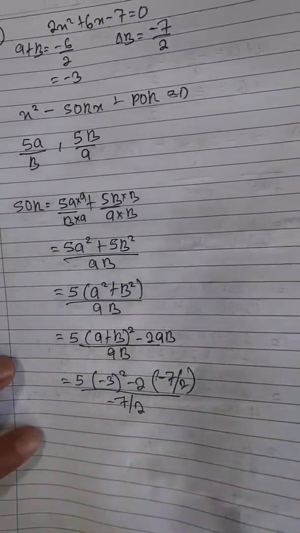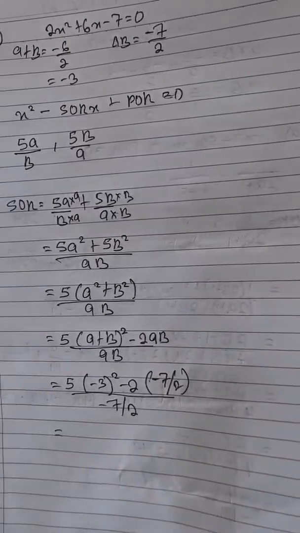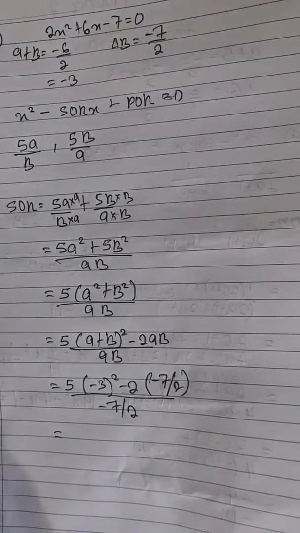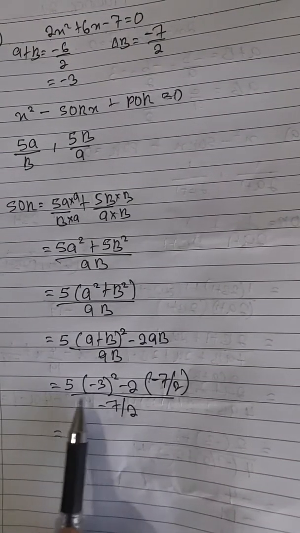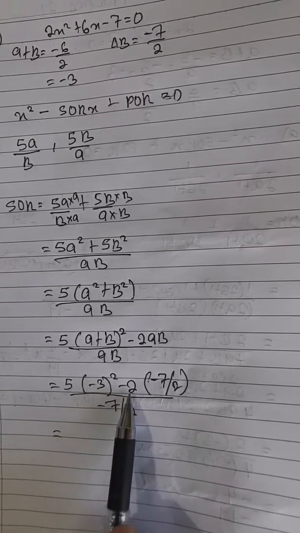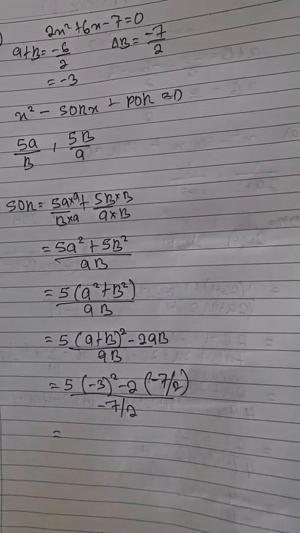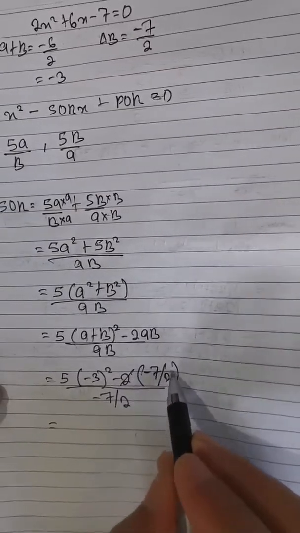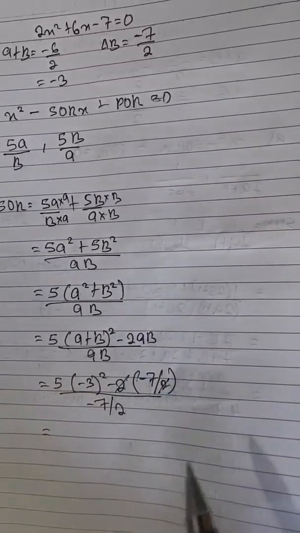Okay, it's rather complicated, so I will choose to use a calculator. I will calculate the top: 5 times negative 3 squared minus 2 times negative 7 over 2. Actually, we can cancel 2 and 2, we have 7 here.